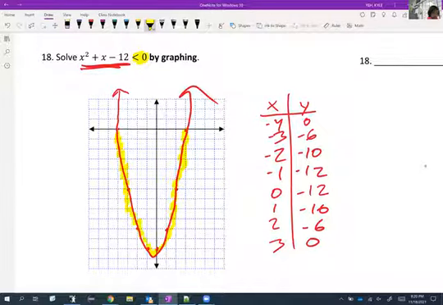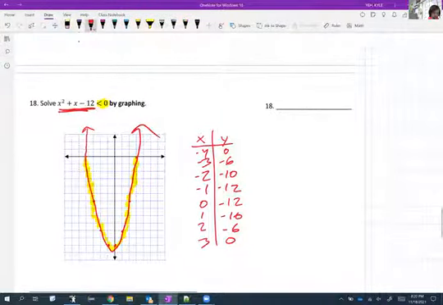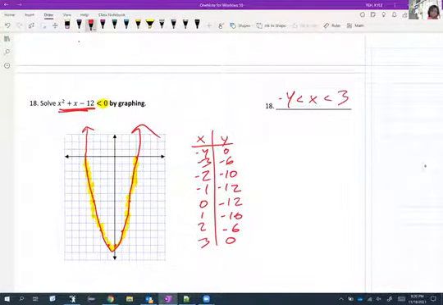Everything from there to there. Everything in between, it looks like -4 and +3. Any x in between -4 and +3 will end up below the x-axis, meaning it is less than 0. So that right there is problem 18.